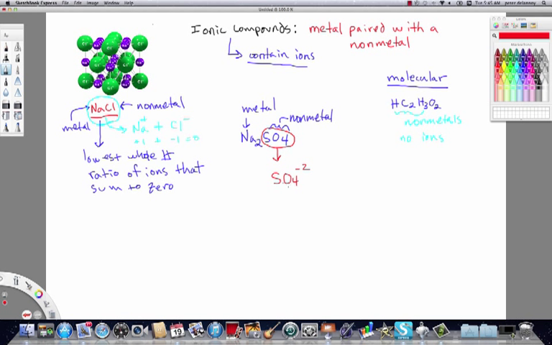And it's called a molecular ion because, like the example I drew over here on the right, it's composed completely of nonmetals, and we can actually draw a structure of this thing and show how the oxygens are attached to the sulfur. This is one possible structure of sulfate.